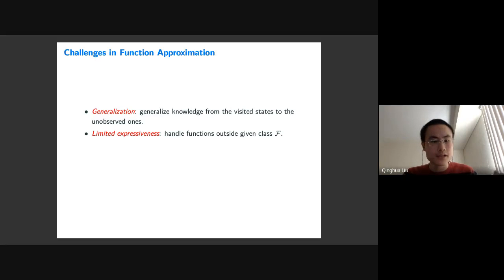So we might encounter some technical problems, like in the intermediate steps, when we compute some function that is outside this function class. So we need to either project it back, or we need to introduce some approximation error. And this will make the analysis very complicated. And finally, because we are doing reinforcement learning, we always need to deal with this exploration versus exploitation trade-off. And this is already not simple in the tabular setting. And by doing function approximation, we just make it even harder.